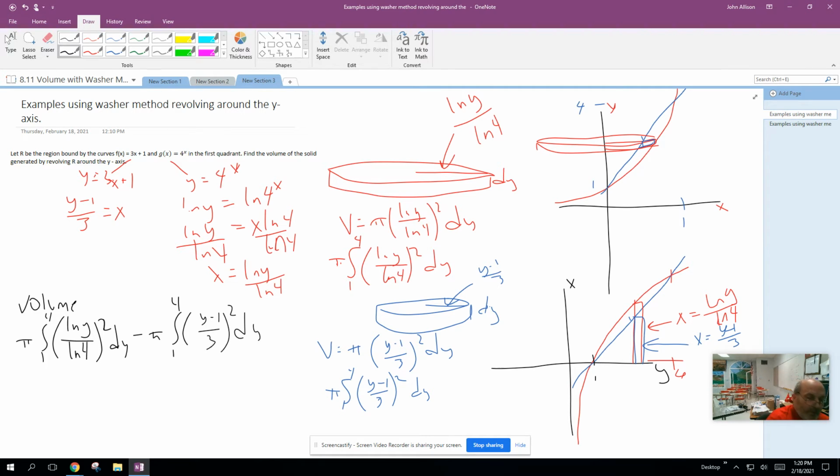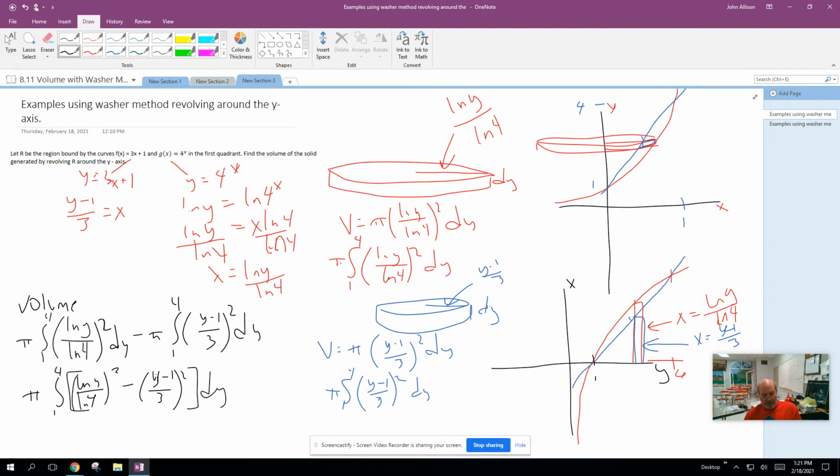Or if you like using the formula, you can say that's pi times the integral from 1 to 4 of the outside curve, the upper curve, which is (ln y over ln 4) squared, minus the lower curve, (y minus 1 over 3) squared, times dy.